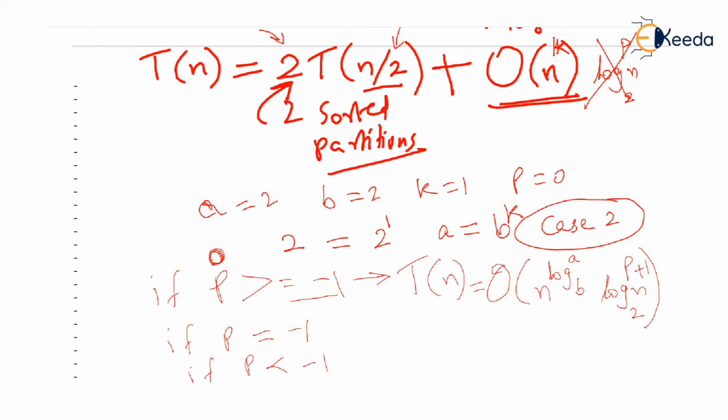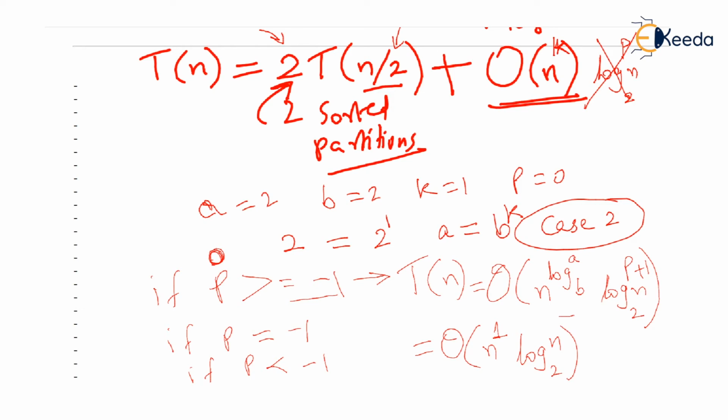So substituting the values, we get theta of n to the power log of a to the base b, but a is 2 and b is also 2. So log 2 to the base 2 is going to be 1. And after that, log raised to p plus 1. But p is 0, so 0 plus 1 is going to be log raised to 1. That is log of n to the base 2.